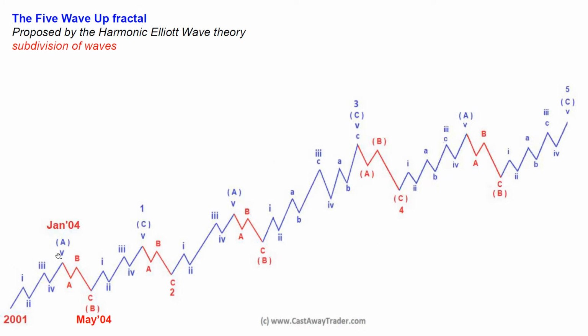So that was the top of the first 5-wave up fractal, corrective ABC that followed, and off that low we should get another 5 up, which would complete parenthesis C up, and together that A, B, and C in parenthesis would be the large wave 1 up.